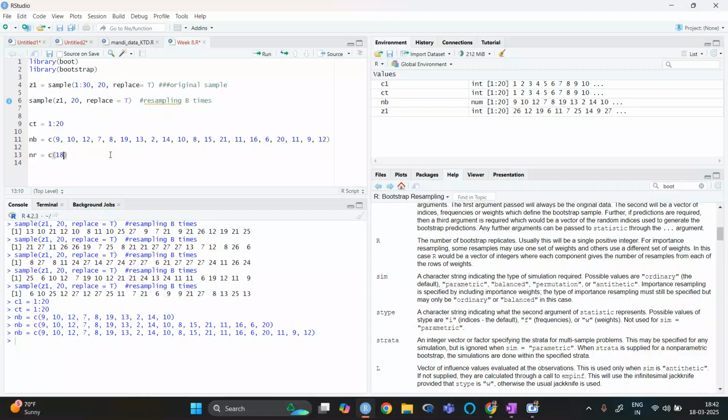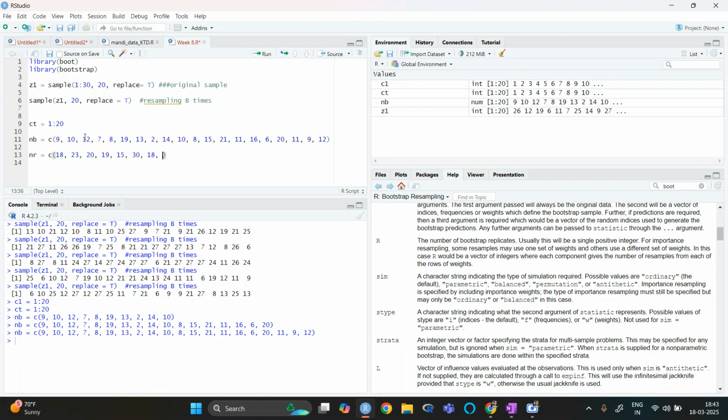Let's say for the ninth one I'm taking 18, then 23, and for the 12th one, say 20. Then we can take 19, 20, 15, 13, 18, 38.